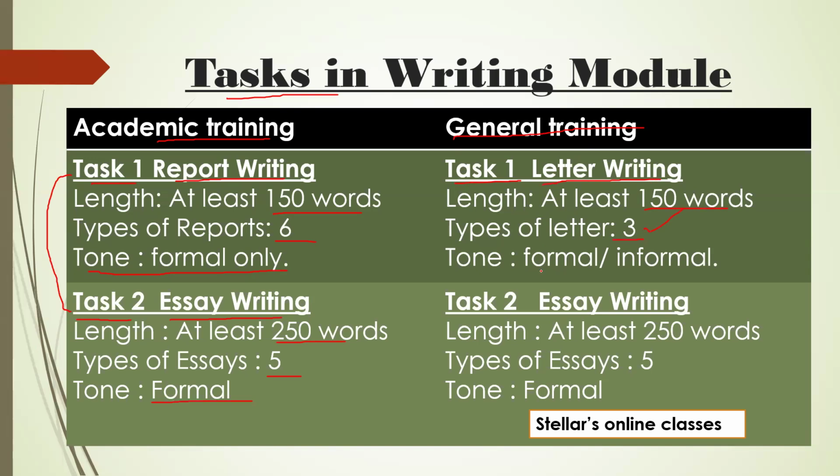The tone may be formal or informal depending upon the task. The second task will be the same essay writing. Here the student has to write at least 250 words. The types of essays may be 5. You will encounter any one type of essay, and the tone should be formal whenever you write an essay in IELTS writing.